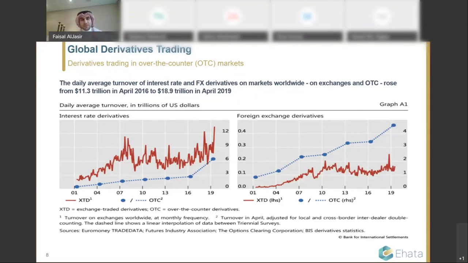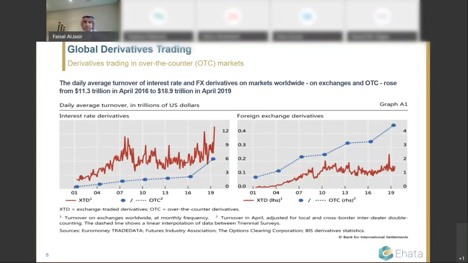You might be asking, these are huge numbers, trillions. This is basically the gross notionals. So derivatives you can look at in two ways. You can look at them as a gross notional, or you can look at the market value of them, and it differs very much. A market value will be a fraction of these big numbers, but it can give you a sense.